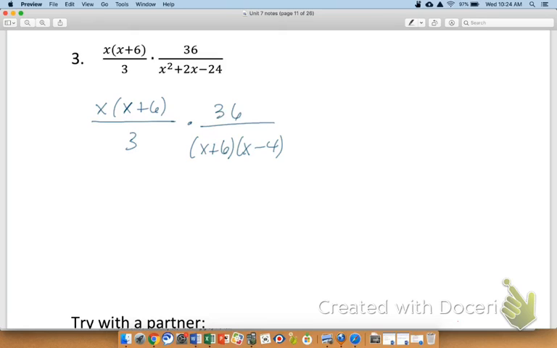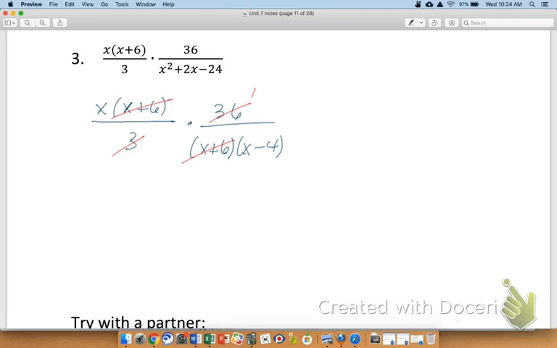So when you do that, you probably noticed that the x plus 6 over the x plus 6 would cancel out to be a 1. This is the right way to do canceling. You must have factors before you even think about canceling. And then we'll cancel out the whole factor when we do. Okay, so then the other thing that would cancel here would be the 36 and the 3.